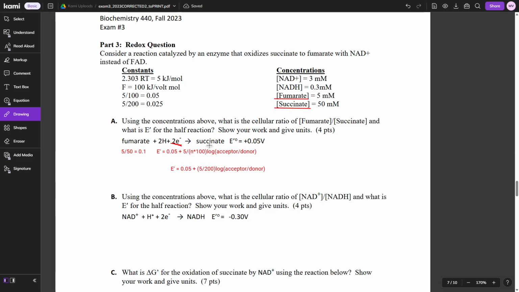And so what they could do is ask you to calculate succinate over fumarate instead, but then you have to switch the ratio because the question is asking you for acceptor divided by donor. Just switch the ratio. If they asked you to do succinate over fumarate, it'd be 10. But because you want acceptor divided by donor, and fumarate is the acceptor, you'd have to do 5 divided by 50 instead.